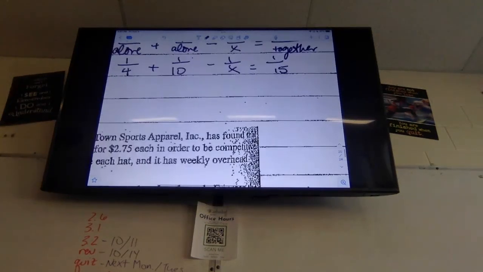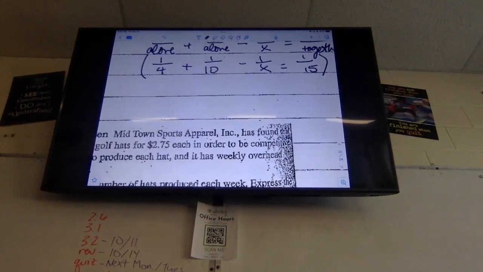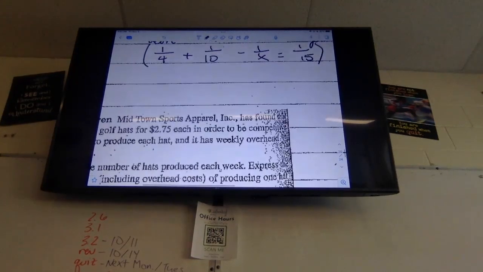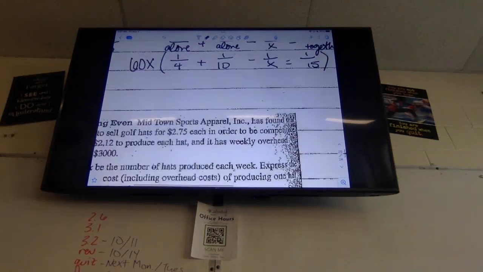Okay, so now I need to multiply by something to get rid of all of these fractions. You can just multiply all of those numbers together, you just might have bigger numbers. Or you can try to figure out the smallest thing you can multiply by. Is it 60x? You feel good? I feel good.